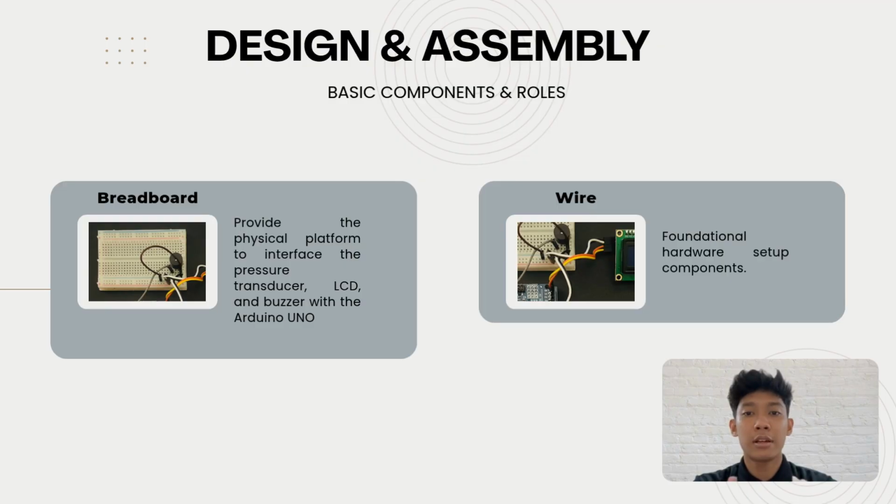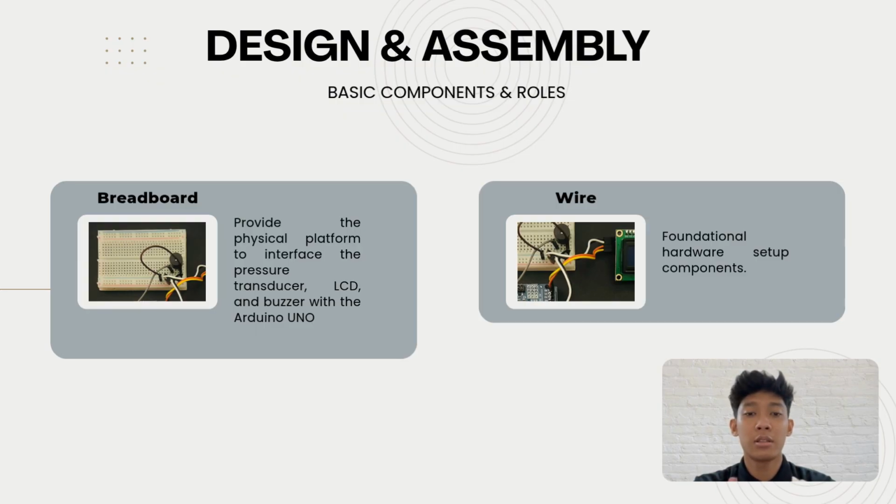Next, the design and assembly: basic hardware setup. This slide shows the supporting hardware used in the assembly process. First, the breadboard provides a temporary platform for connecting and testing the electronic components without soldering. It helps integrate the pressure sensor, LCD display, buzzer and Arduino Uno.